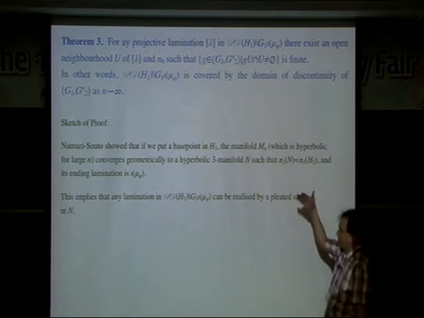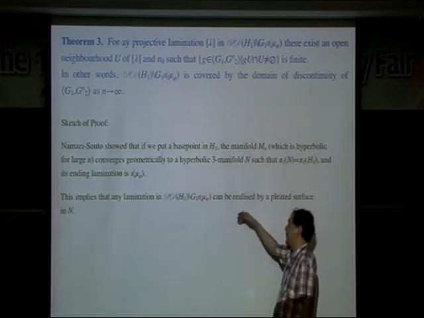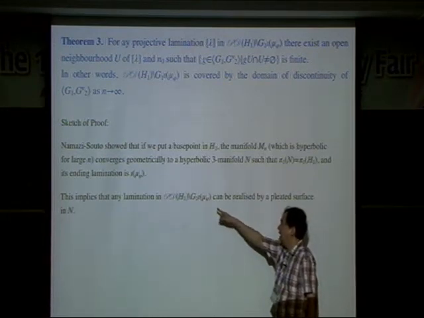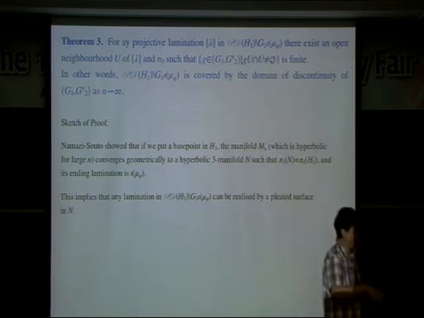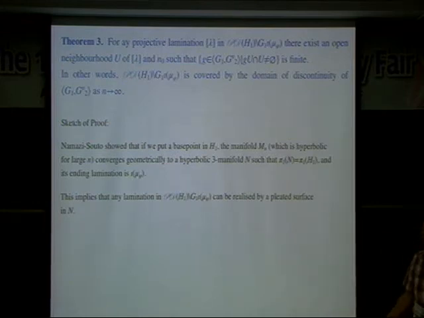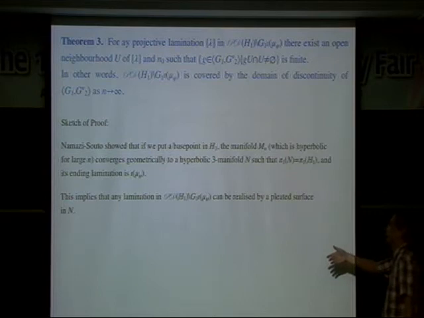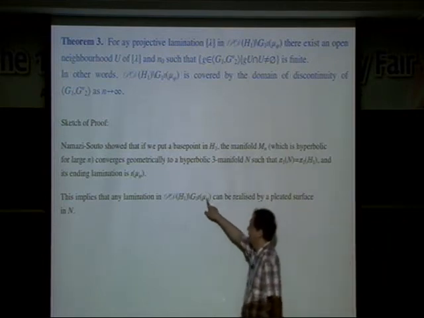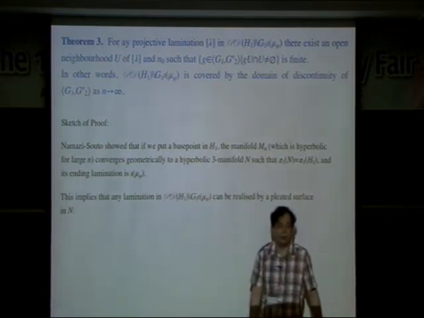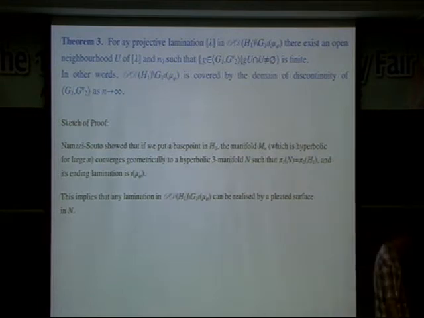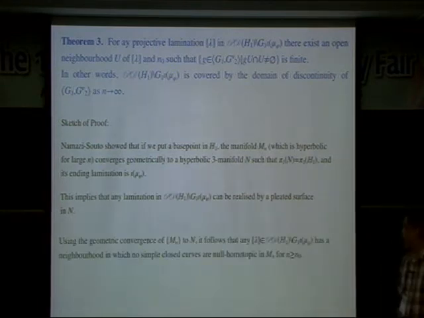And in that hyperbolic three-manifold, the iota of mu sub phi is the ending lamination. So that means any lamination contained here is realized geometrically.